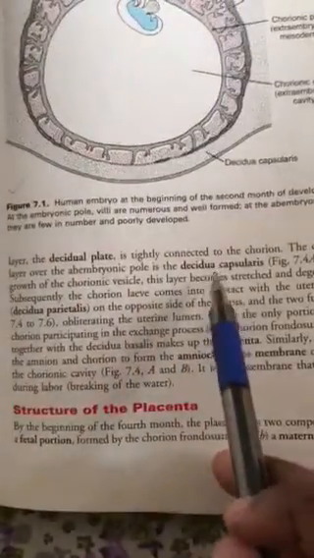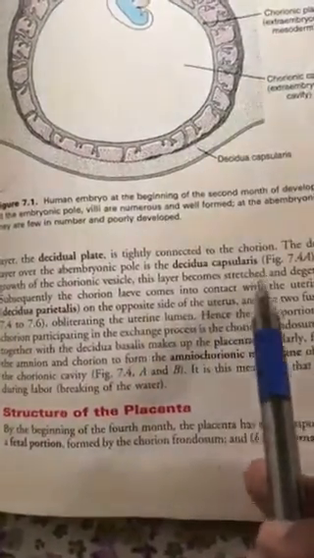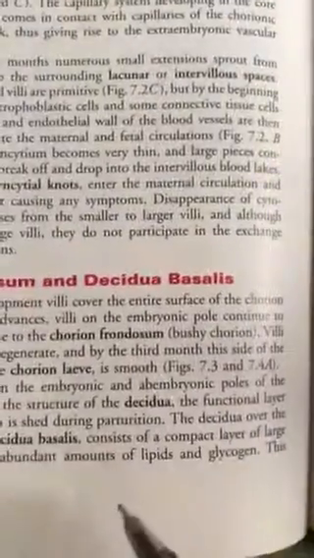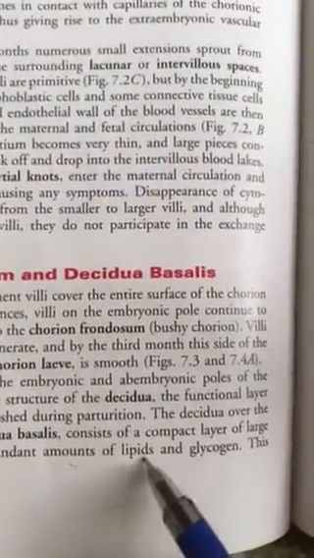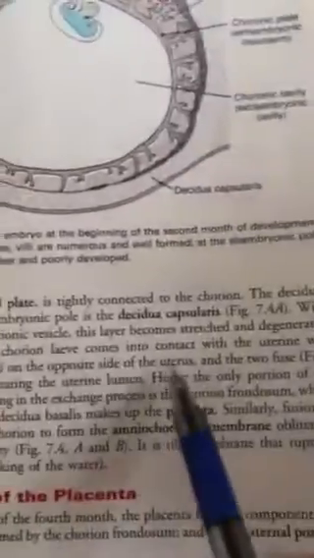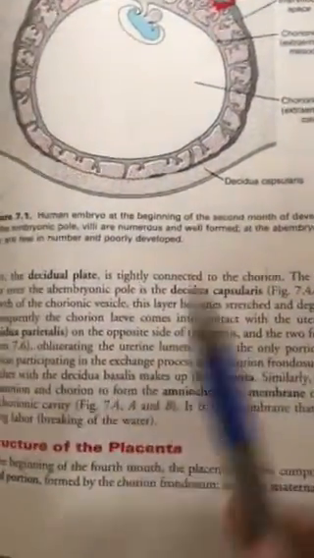So this is very important about the decidua. There is a decidua basalis. You have to add one extra point for decidua capsularis: this layer becomes stretched and degenerates. For the decidua basalis, you have to write that it contains lipid and glycogen. And last, which portion of the embryo takes part in the transportation of gases and nutrients?